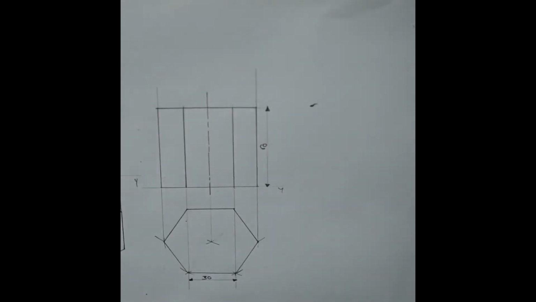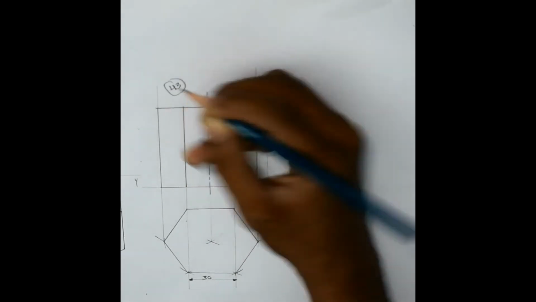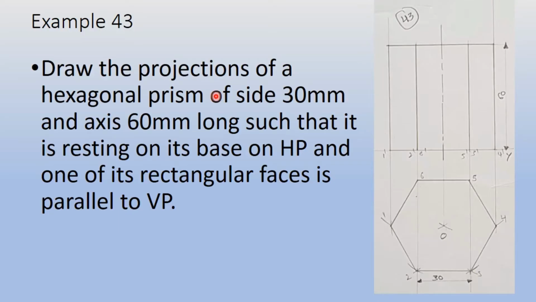So our question number 43 is completed. So this is the final solution of our example number 43 of a hexagonal prism directly resting on the horizontal plane and one of the faces parallel to the vertical plane. So now you can observe this face to be parallel to this plane.